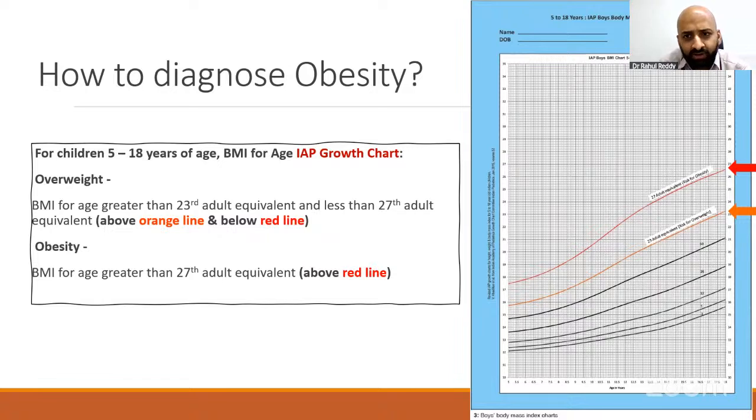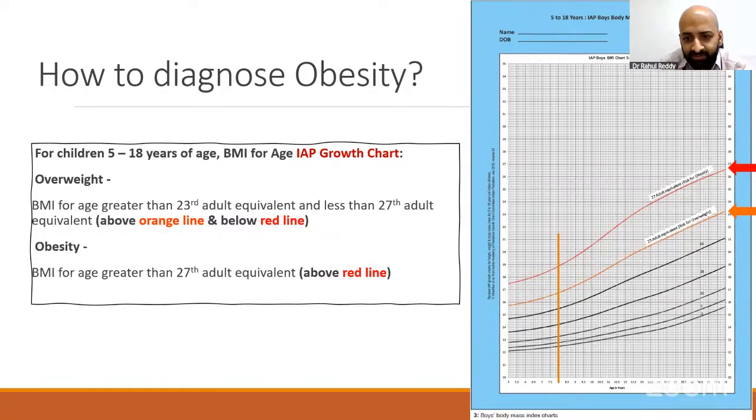So in addition to the IAP BMI growth chart and also the 0 to 18 years combined IAP WHO growth charts, we can also use the waist circumference charts in children to see the risk factors of central obesity and their future risk of metabolic syndrome.